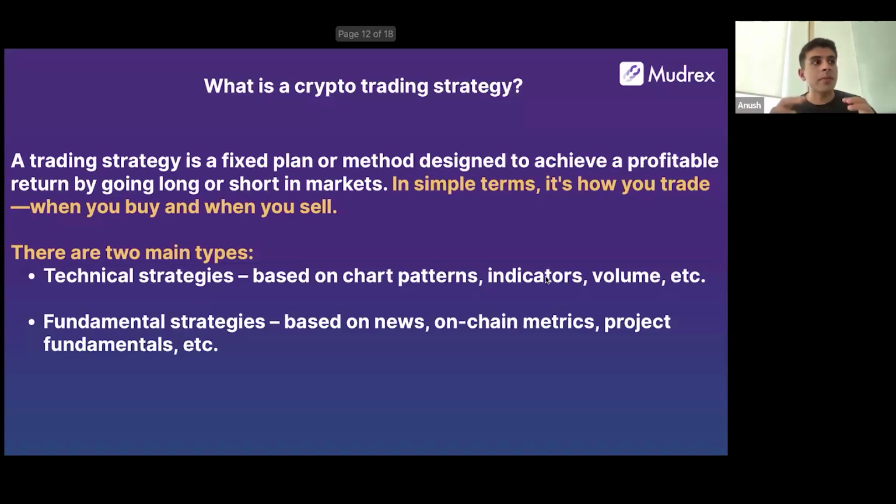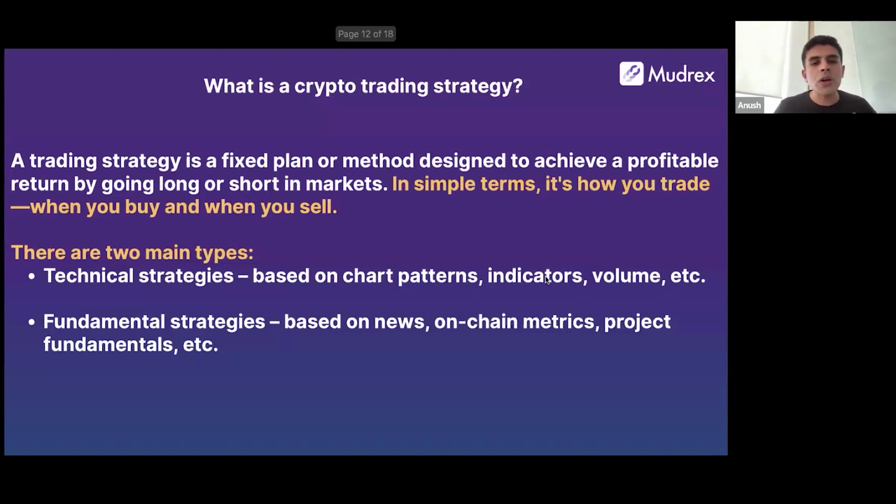If you have these processes in place, it removes emotion out of the equation. It actually gives you structure, and over time, it helps you become more consistent as well. And consistency is a very key word in trading. It matters way more than just getting lucky once or twice, right?